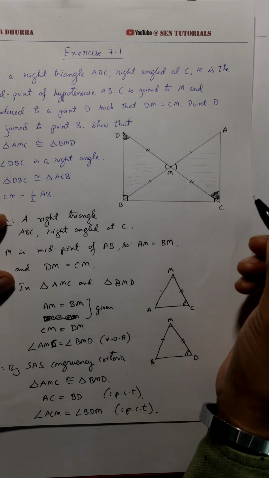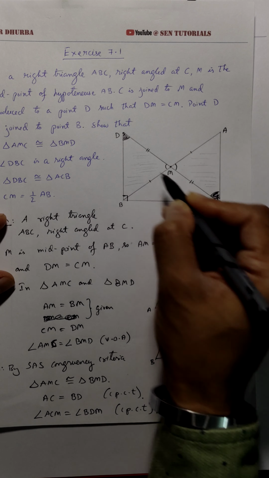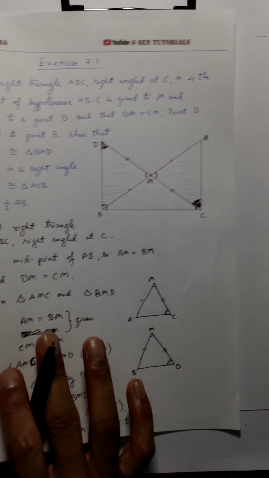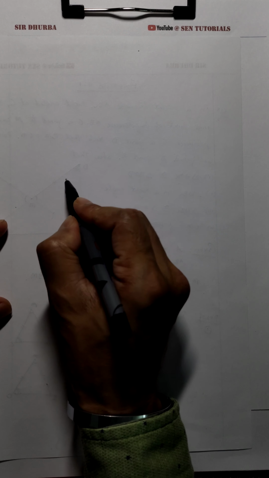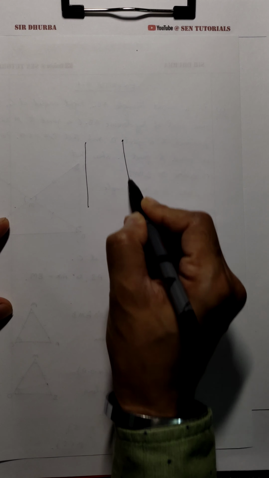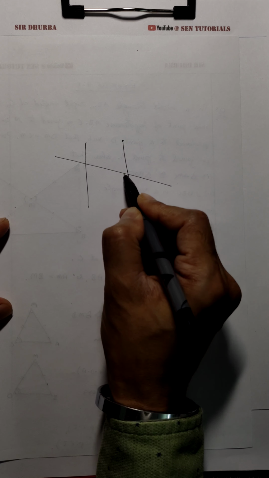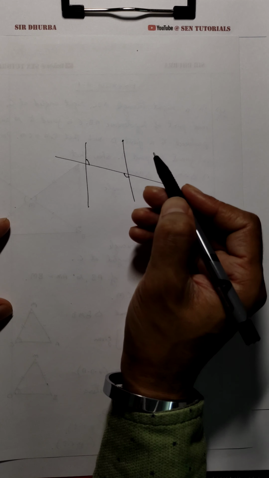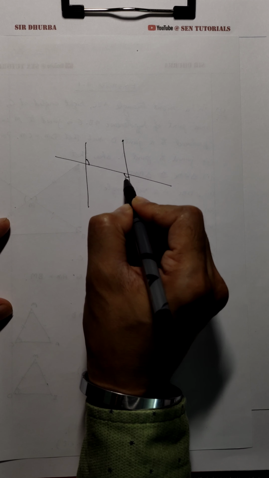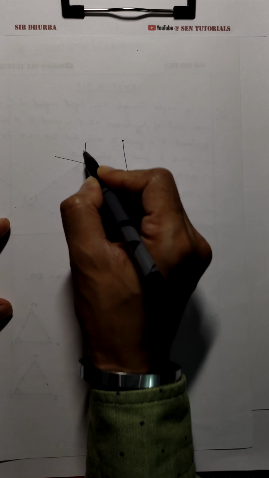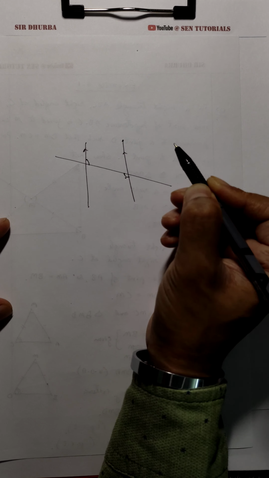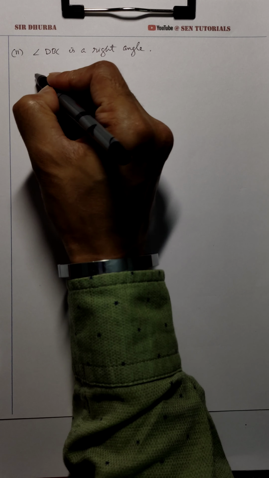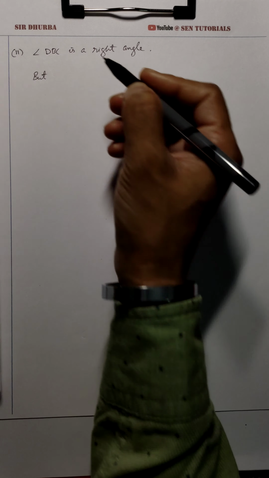Doesn't it look familiar? Definitely, because if you have parallel lines and there is a transversal that cuts, and if these two angles are equal, that can happen only when they are alternate angles, and alternate angles can occur only when the two lines are parallel, isn't it?